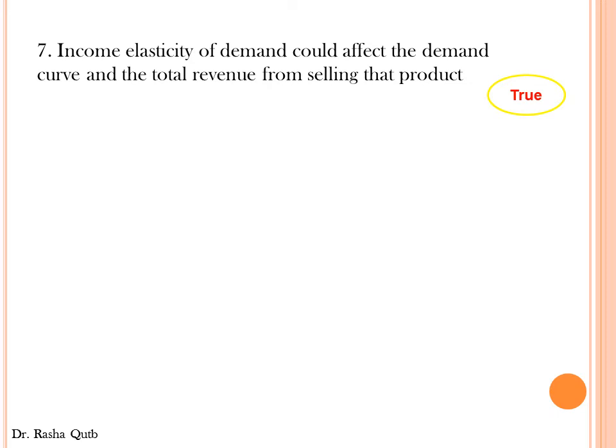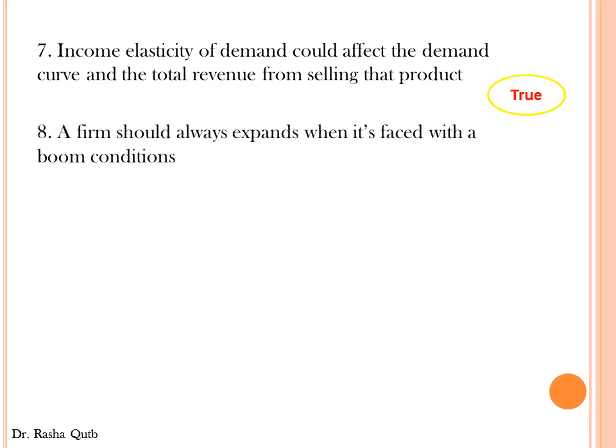On the other side, when the firm is producing and selling a commodity that has a negative income elasticity of demand, in this case, the level of income of the consumer increases, the demand for a commodity would decrease and demand curve will shift leftward, and in this case total revenue of the firm will fall when trying to sell this product.